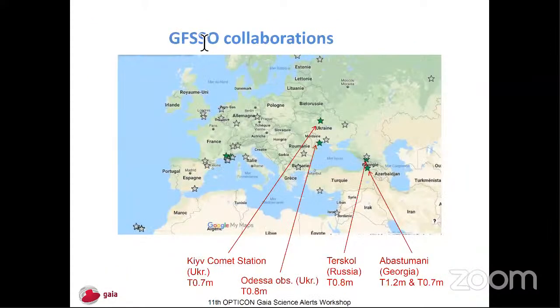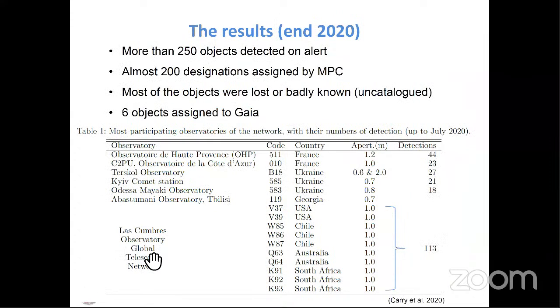And we also had several observations from people, in particular in Ukraine, in Kiev, Odessa, Terskol, and Abastumani. In total, these are the results we obtained at the end of last year.